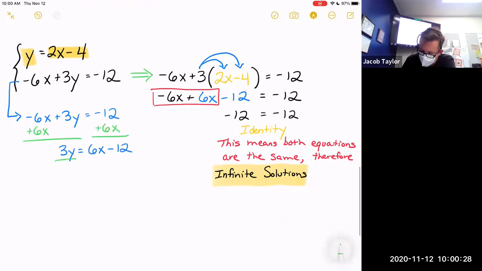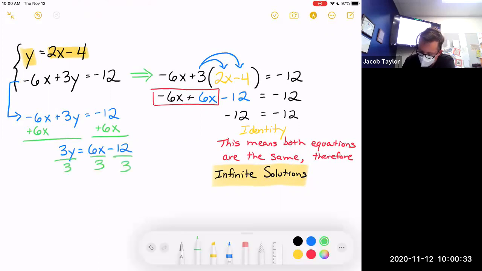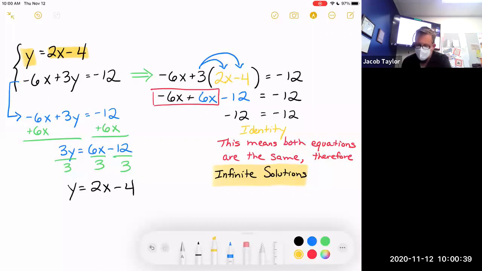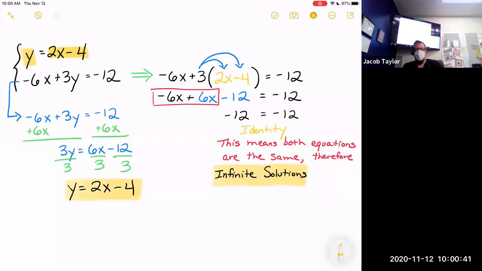Divide by 3, divide by 3, divide by 3, and I get y equals 2x minus 4. Lord have mercy, that looks familiar. It's the same as the first equation. So if I take the second equation and put it into slope-intercept form, it looks just like the first equation, which was in slope-intercept form. So if I graph these, I would have the line y equals 2x minus 4, and then right on top of it, y equals 2x minus 4.